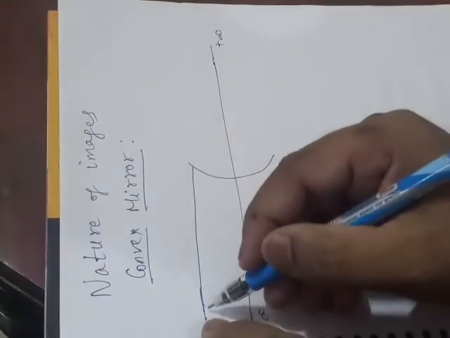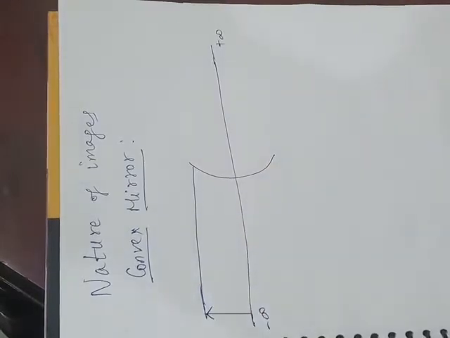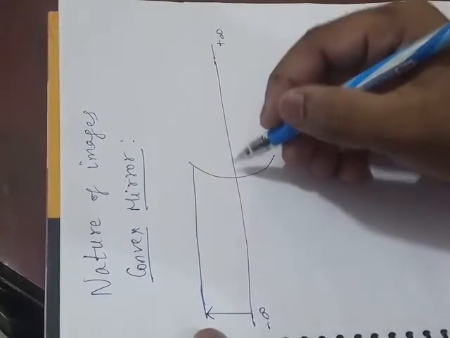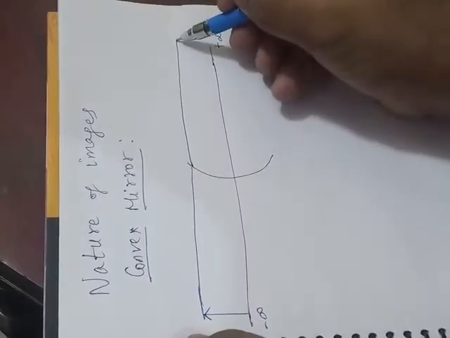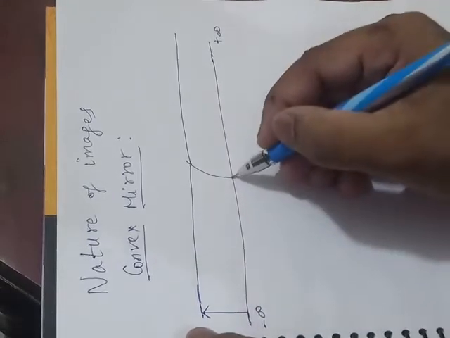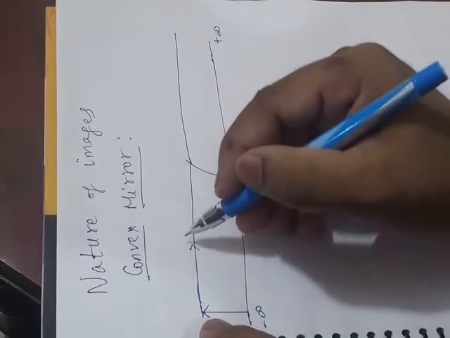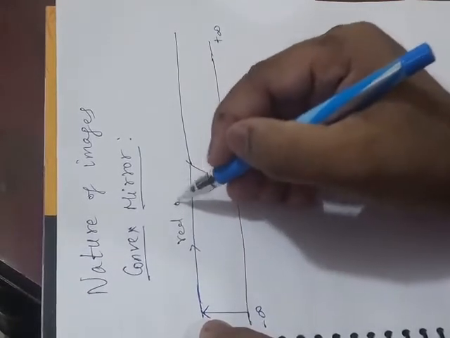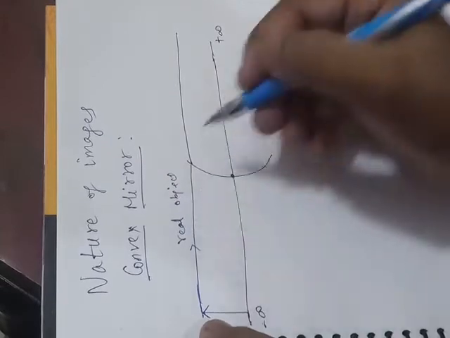And the height of the object we have taken up to this. In this case also we are going to divide into four regions. The object can move from minus infinity to pole. Only one region for this is the real object, right? Real object. This is real object.